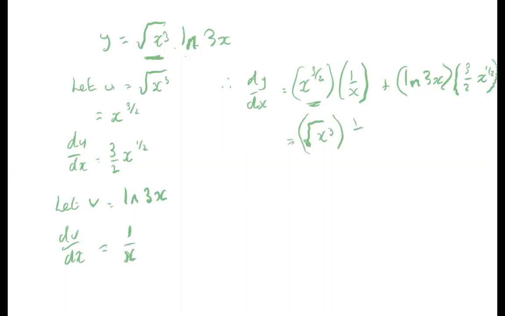Why would we want to change it back once we've just changed it from root x to a 3 over 2? How come we're changing it back? Or does it just make it easier? I'm just looking at this man's solution here.